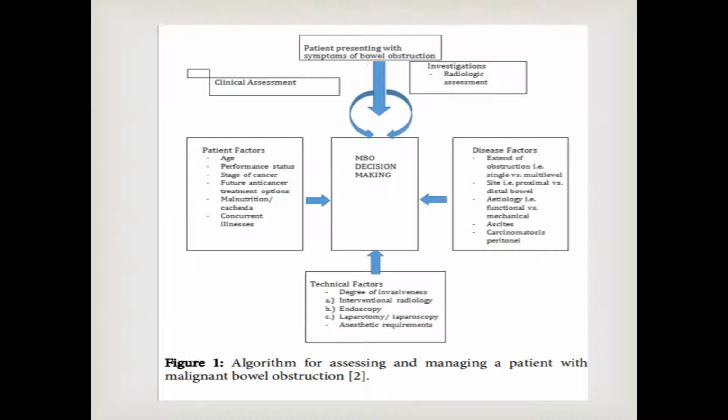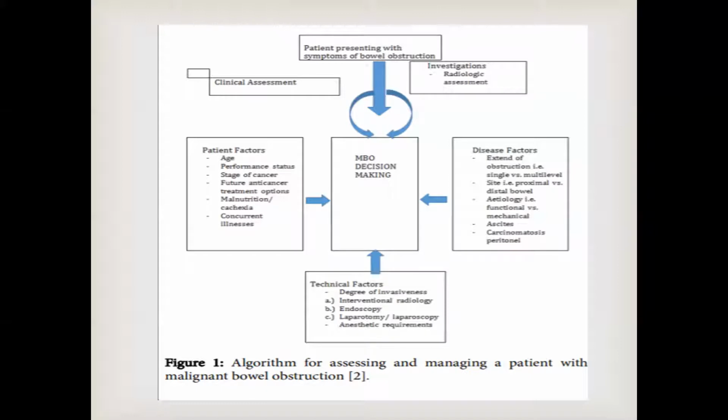It would be a very radical surgery. Then again, the site, whether it is a proximal bowel or a distal bowel, and whether it's functional or mechanical. Functional bowel obstructions may be adynamic bowels.